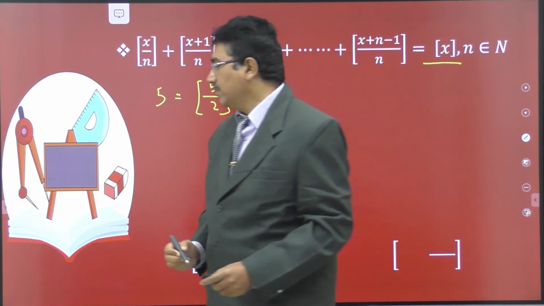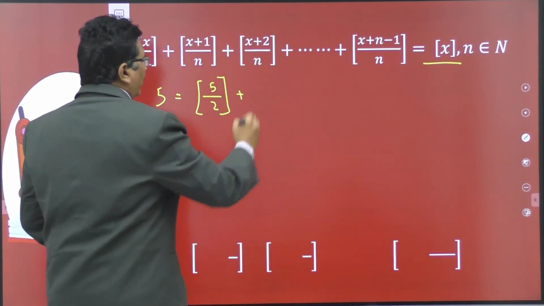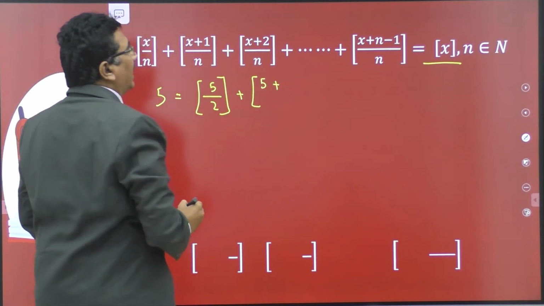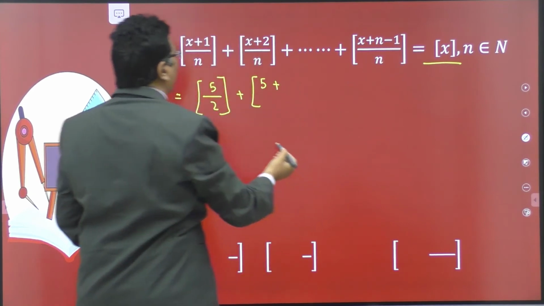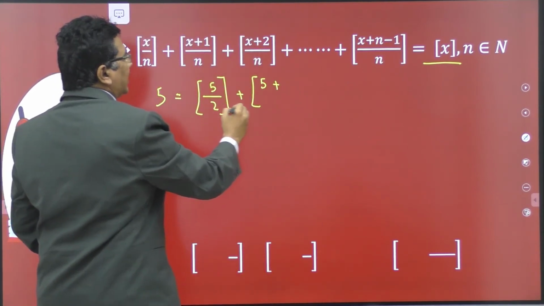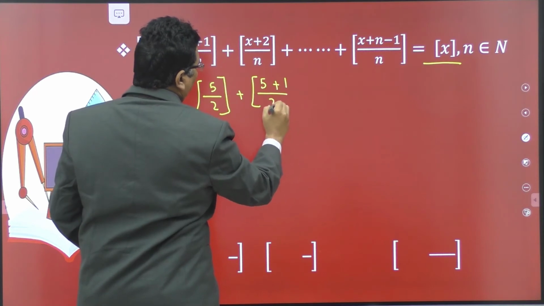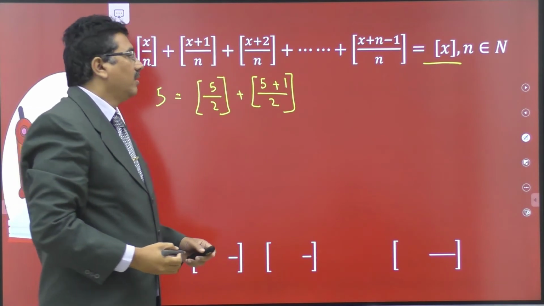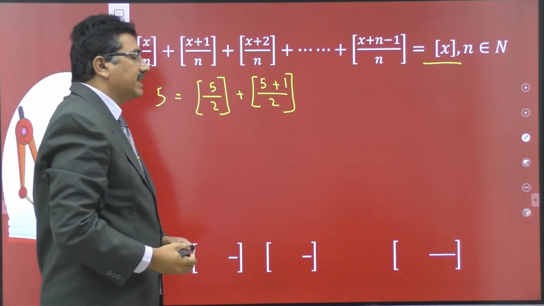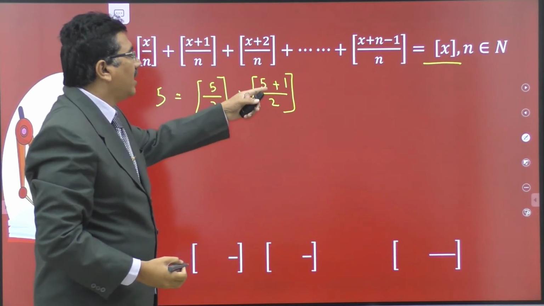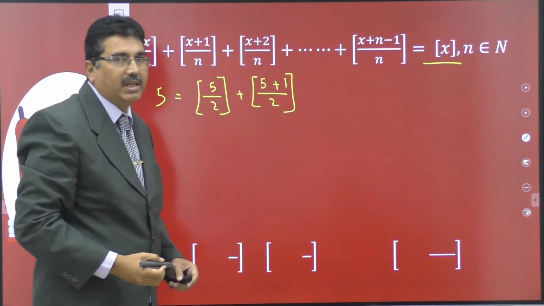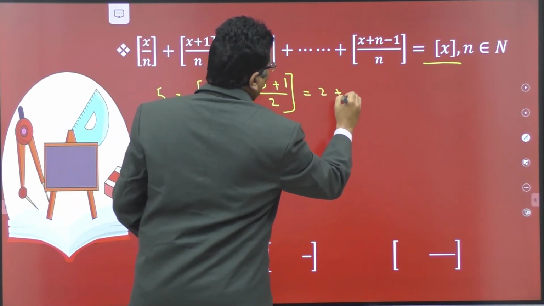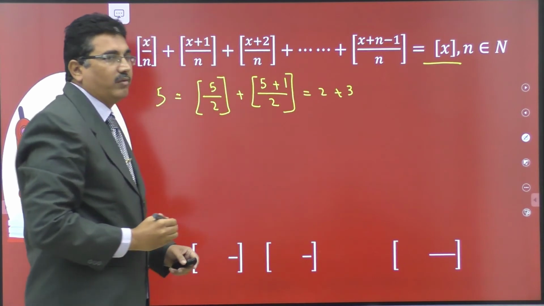Floor of 5 by 2, next one is floor of (5 plus n minus 1) by 2, here n minus 1 is 2 minus 1, that is 1, so 6 by 2. Is this equal to 5 or not? Floor of 5 by 2 is equal to 2. Floor of 6 by 2 is equal to 3. 2 plus 3 is equal to 5.